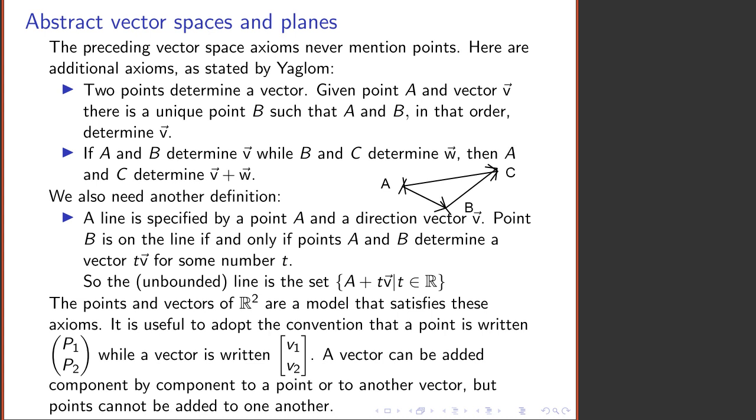Finally, we need to define a line. A line is specified by a point and a direction vector. You're already familiar with that idea. You've seen it in several geometries.